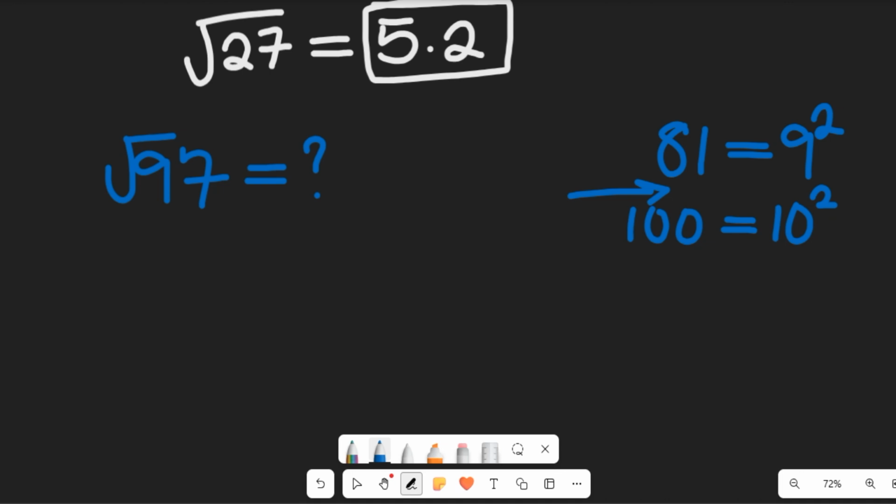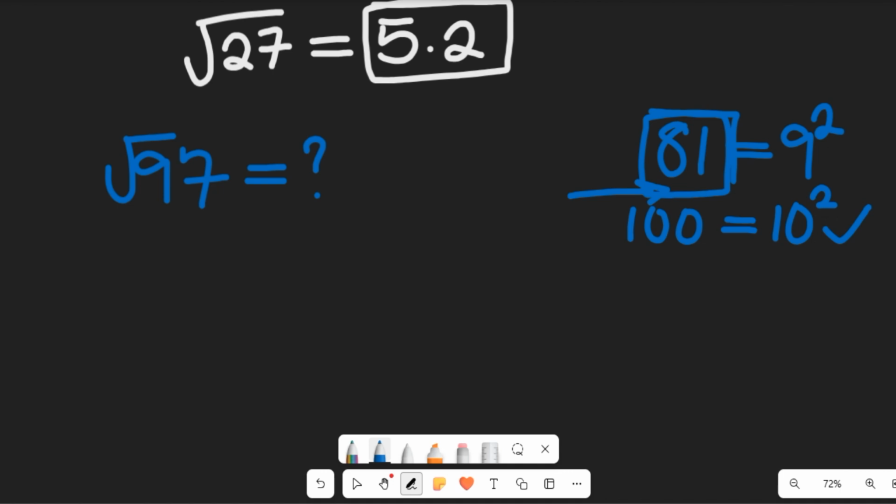That means this 81 is very far from 97. We will not use it. Now 97, 98, 99, 100. You see that 100 is closer to 97. So that means it is this 100 that we will use.